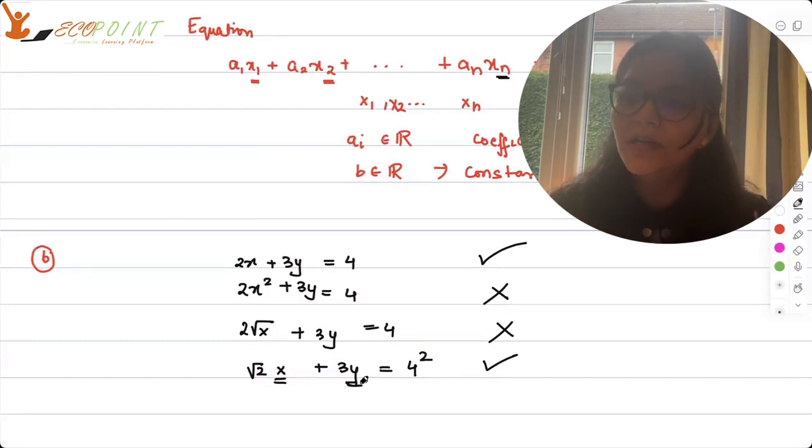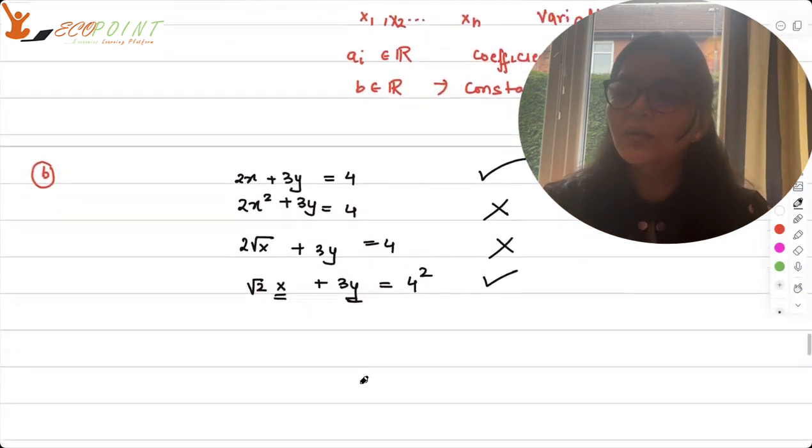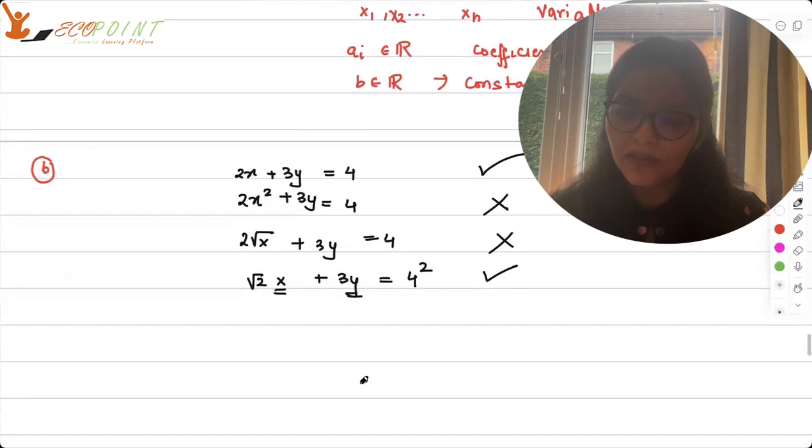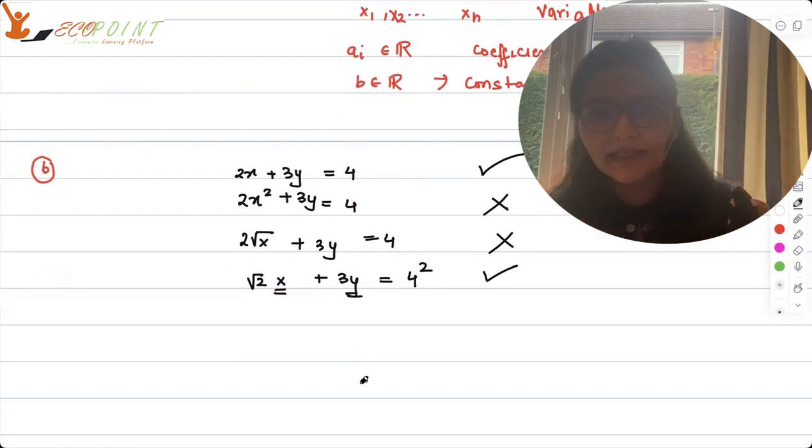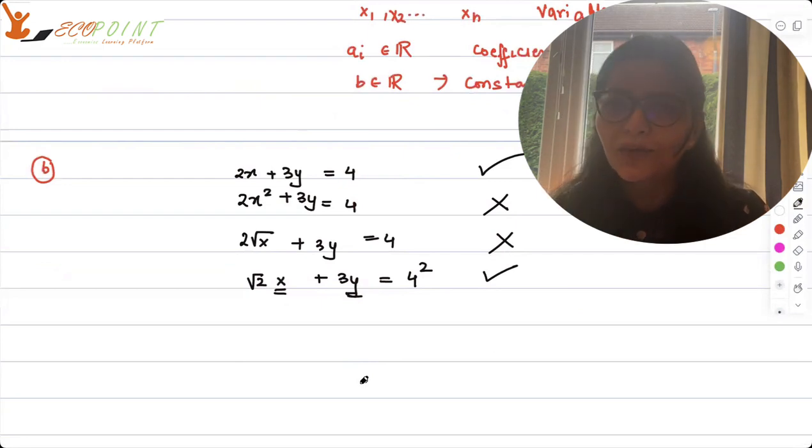From here, you can understand which equation is linear and which is not. The equations wherever the power of all the variables included in there is exactly 1 are linear. It doesn't matter whether the coefficient is a square or not. That doesn't matter. But the variable should not be with any other power.